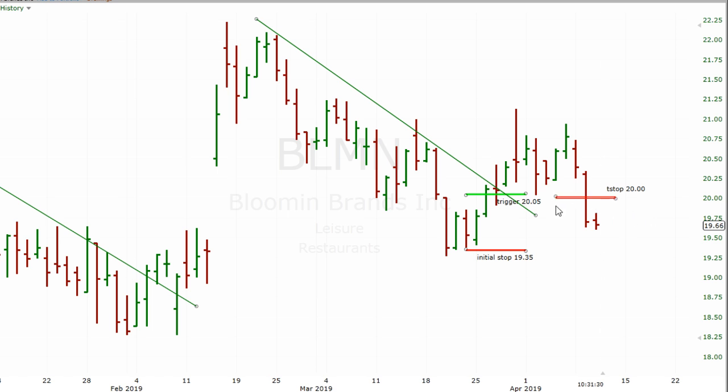And interestingly enough, this is another really good example of moving the stop up to break even. The system trigger was 20.05, and the system had moved the stop up to 20. The stats show minus 0.2%, so basically you lost a nickel because this didn't get the follow through to the upside. We saw a lot of this yesterday.